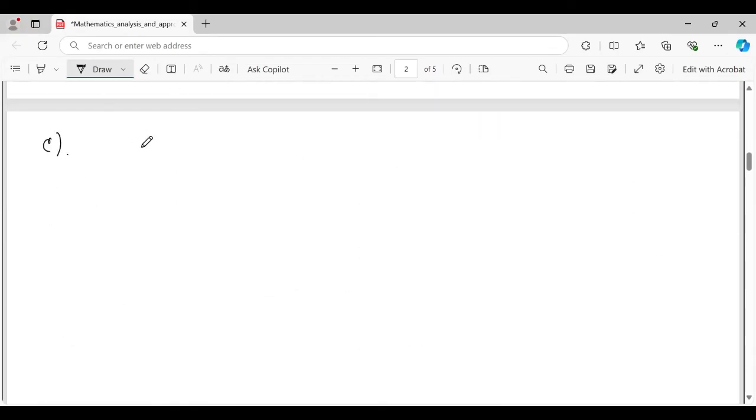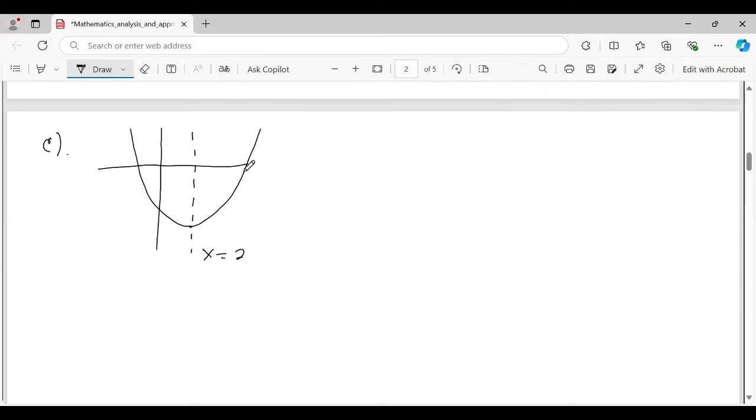So if you sketch the graph, it will be like this. The parabola, the quadratic function, will be like this. Okay. The symmetry is x equals 2, and the parabola's vertex is on the symmetry.